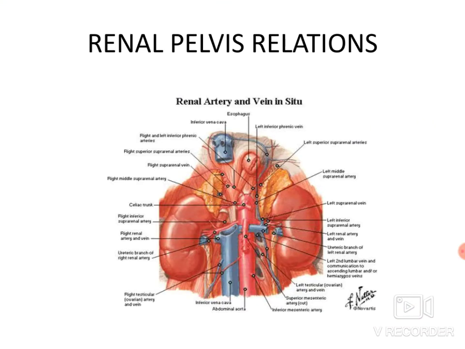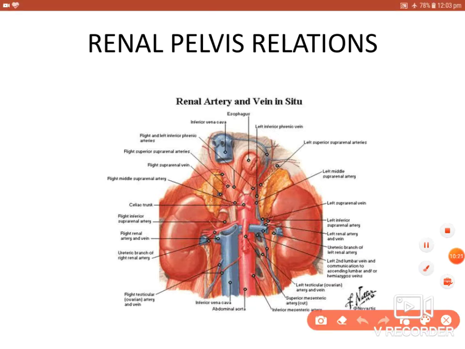Then, coming to the relations of each part. Here is a closer view of the right and left kidney, the anterior view. We have removed the viscera and are seeing the posterior abdominal wall, mainly the kidney with its vessels. This is the inferior vena cava, and this is the abdominal aorta.